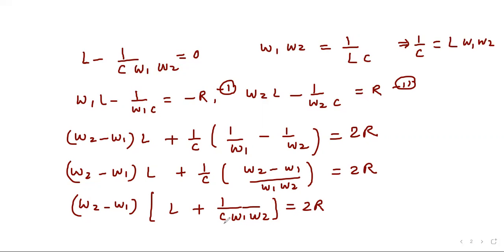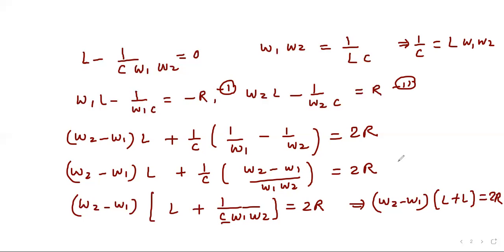So in place of 1 upon C, we can put that value L omega 1 omega 2. So we will get omega 2 minus omega 1 times L plus L equal to 2R, because omega 1, omega 2 will cancel out from here.